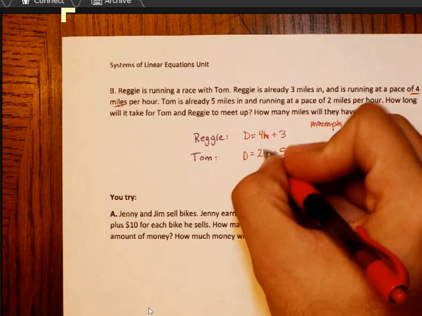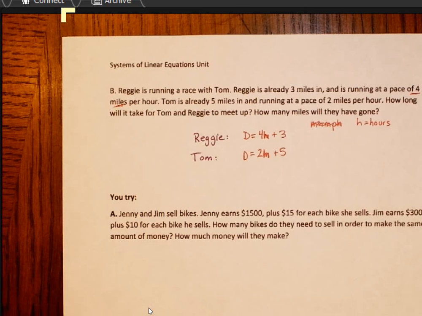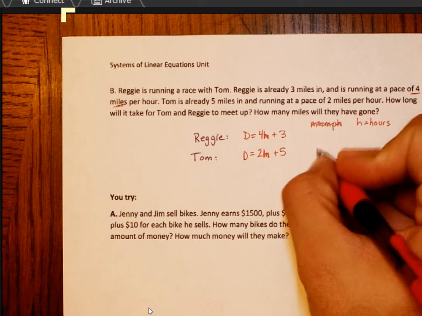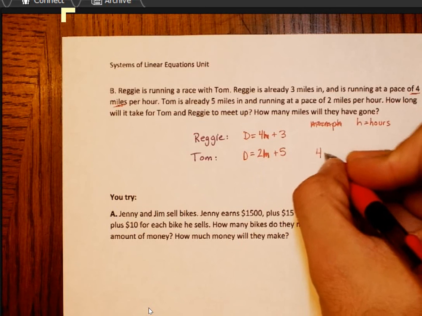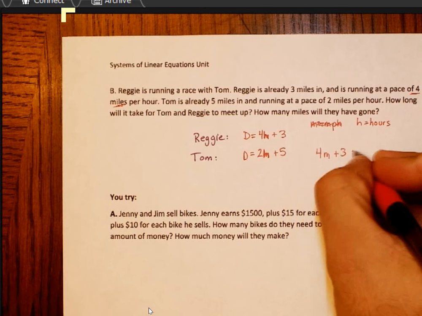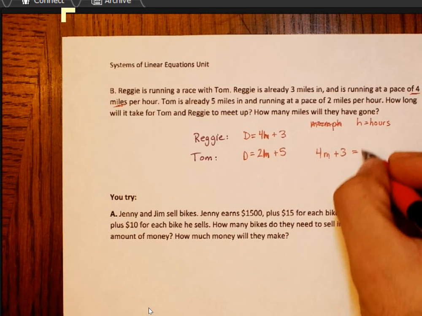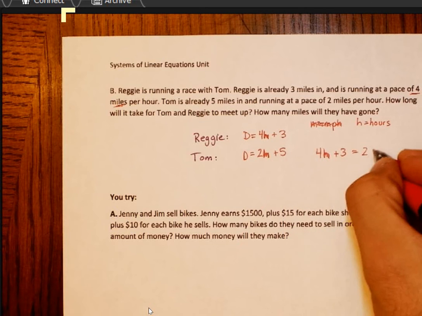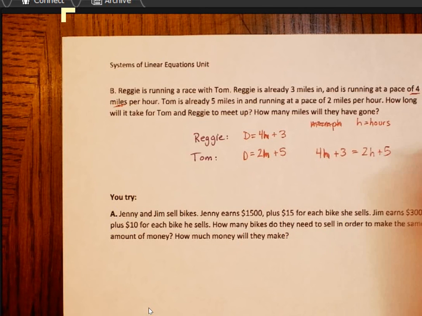So like we did in the last problem, take Reggie's equation, 4h plus 3, and set that equal to Tom's, 2h plus 5. So now we want to find out when they are equal.